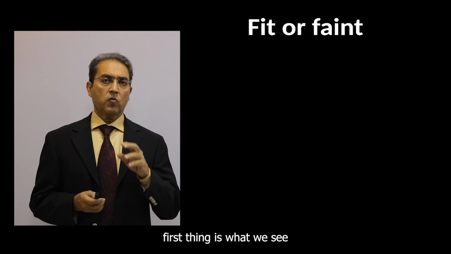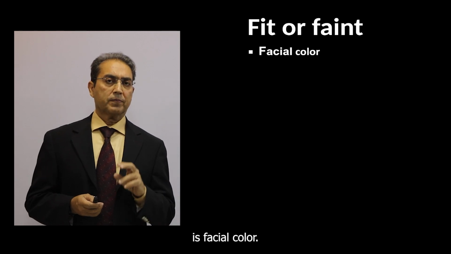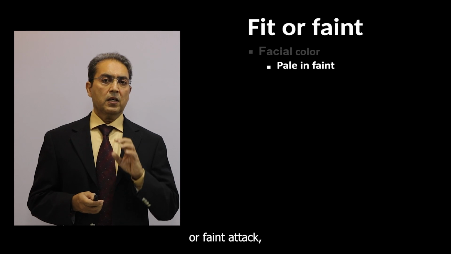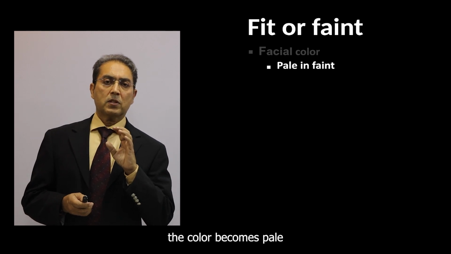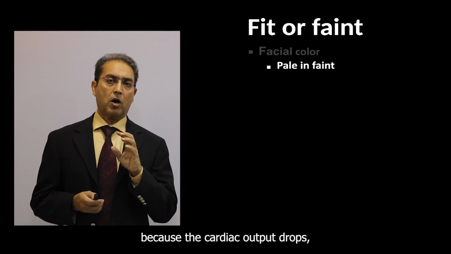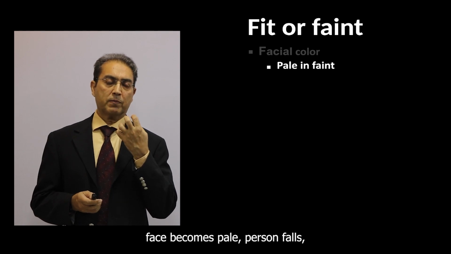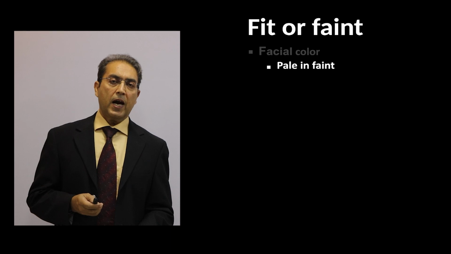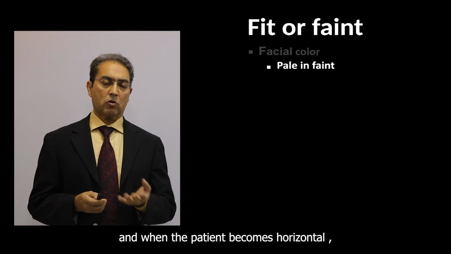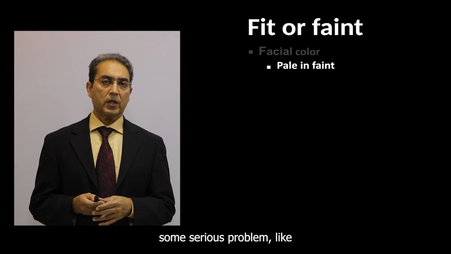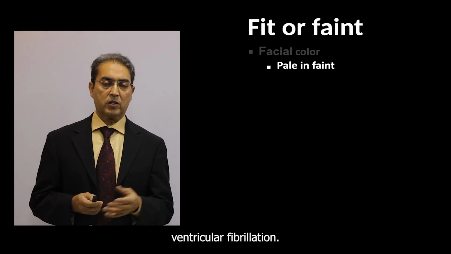First thing is the facial color. In patients who've got syncope or faint attack, the color becomes pale because the cardiac output drops, the blood doesn't reach the upper portion of the body, the face becomes pale, the patient falls, and when the patient becomes horizontal, the color is generally restored, unless the patient has some serious problem like ventricular fibrillation.